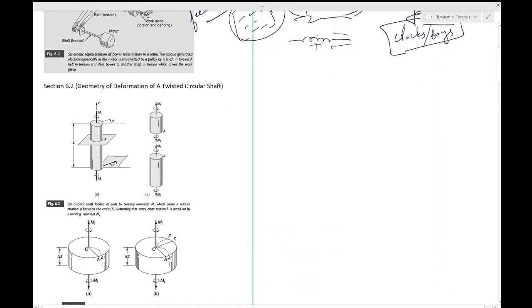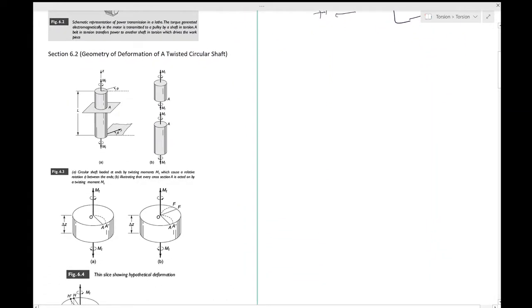Coming to section 6.2, which is the geometry of a twisted circular shaft, we consider a uniform circular shaft made of isotropic material. We have already seen what an isotropic material is before.